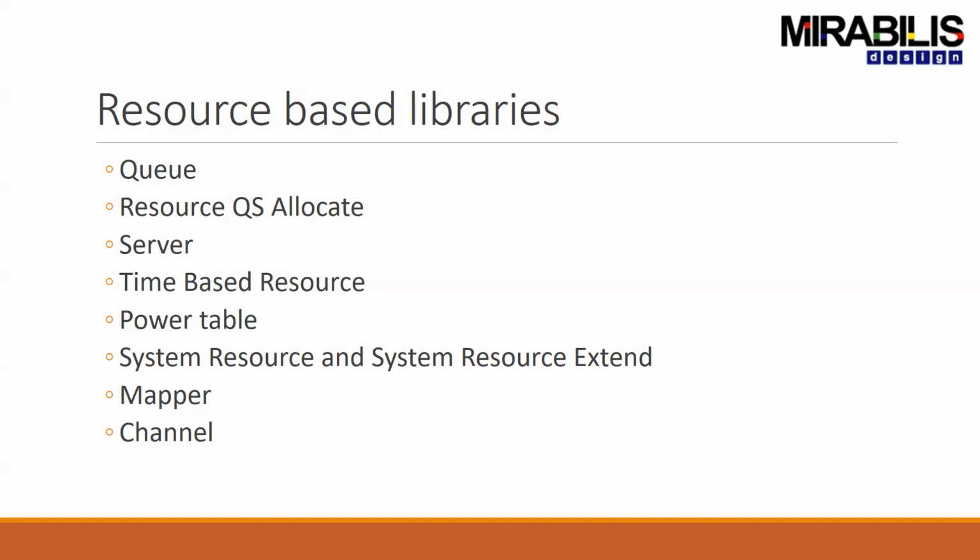Once the system resource extend is processed and everything is completed, a signal will be sent to the system resource. Then it will release the packet, and it will process the next one in the queue. So those kinds of applications can use the system resource and system resource extend. And the mapper is the one which will create a virtual connection with the system resource or any other device. We have multiple inbuilt libraries that support the mapper to send the signals. So that kind of resource is there.